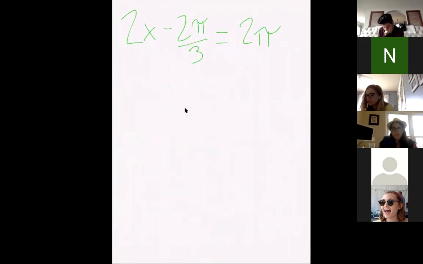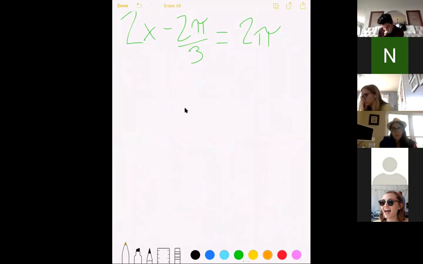So once you solve all of those equations, you get that x is equal to, what did I get? 2 pi over 6, which is pi over 3. 5 pi over 6.